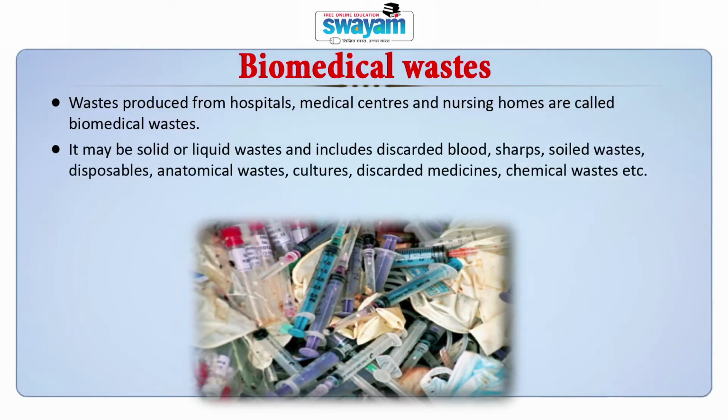These may be solid or liquid waste, and these include discarded blood, sharps, soiled waste, disposables, anatomical waste, cultures, discarded medicines, chemical waste, etc. As far as biomedical waste is concerned, the Government of India passed the Biomedical Waste Management and Handling Rules in 2016, and in these rules, the classification of biomedical waste is given, which we are going to study in detail in the coming modules.